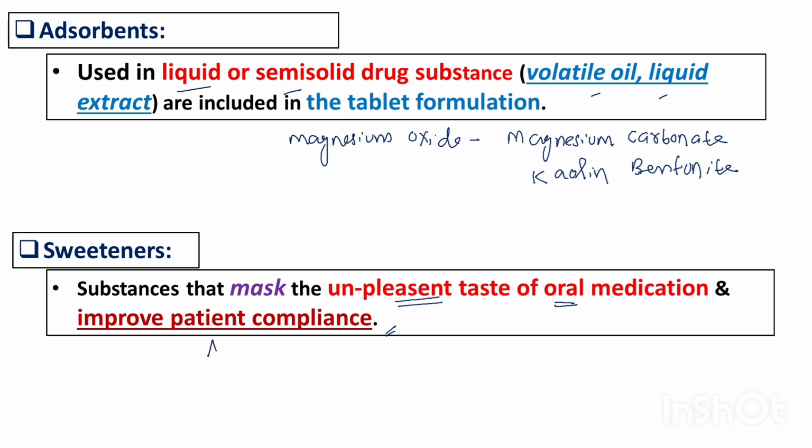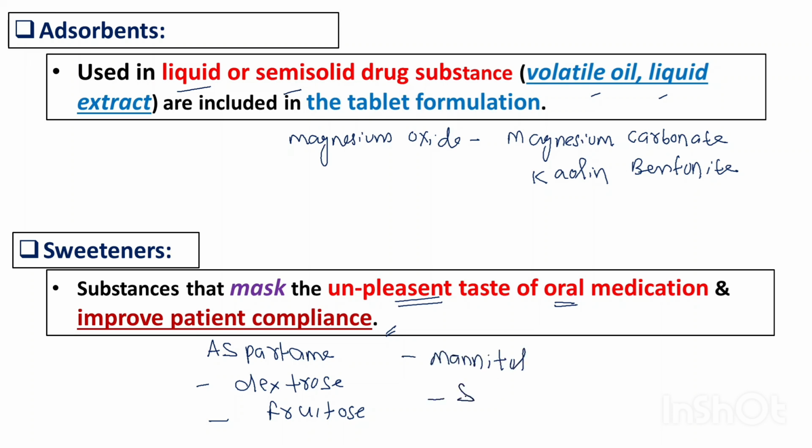Mostly the well-known sweeteners are aspartame and dextrose, also fructose, mannitol, saccharin, and sorbitol and xylitol. So these are the examples of sweeteners.